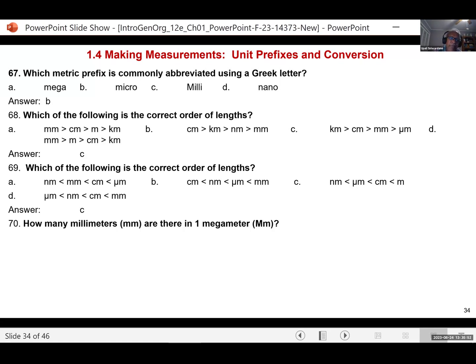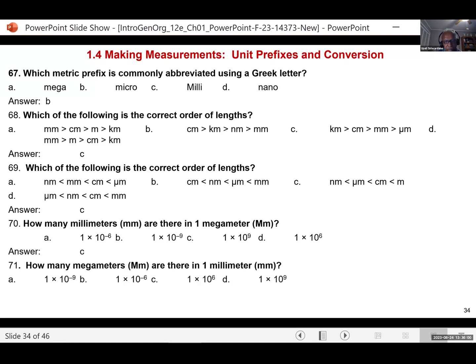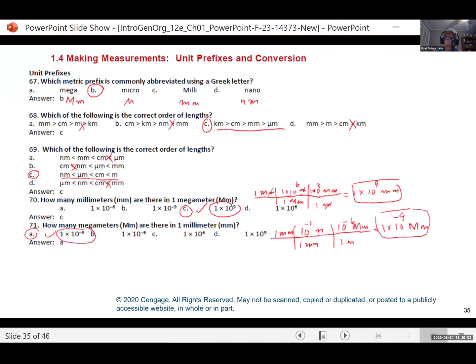How many millimeters are there in 1 megameter? I'm going to show you how to do this in the next slide. So you write down 1 megameter. You need to convert 1 megameter to millimeters. 1 megameter is 10 to the 6 meters. You use the conversion factor.